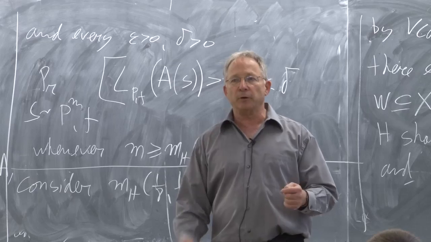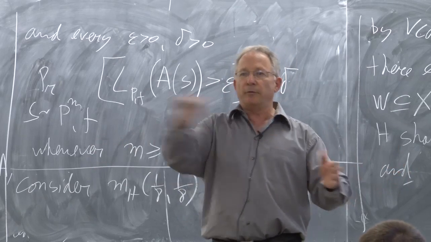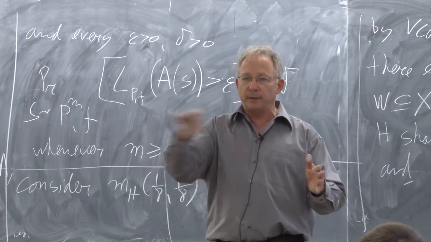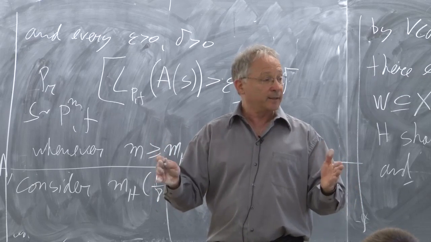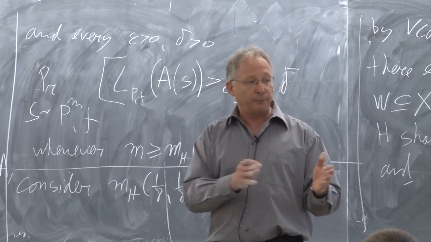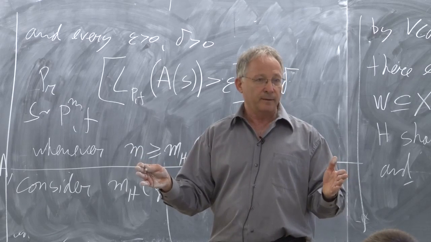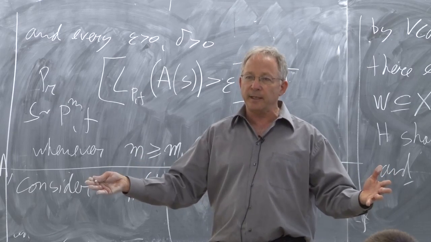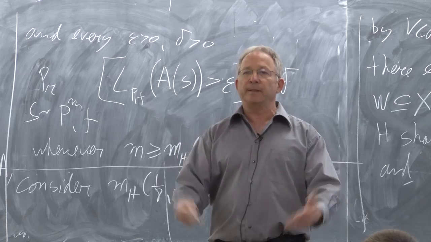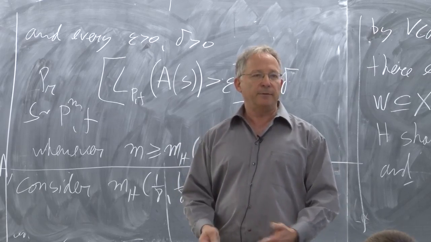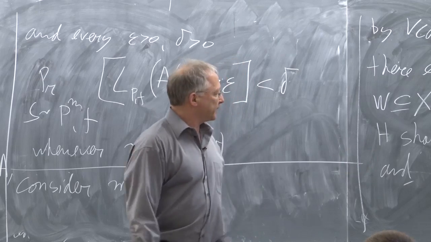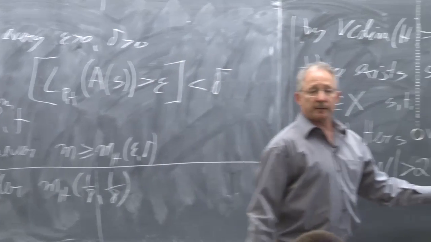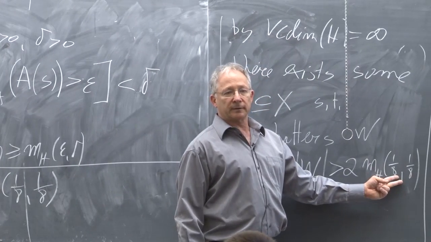The VC dimension talks about the size of sets over which we have all possible behaviors. And the no free lunch theorem tells us for such sets, you need to see at least half of the points. So if the VC dimension is big, you need big samples in order to learn. And if the VC dimension is infinite, no finite sample will suffice for these precision parameters. So it's not learnable.